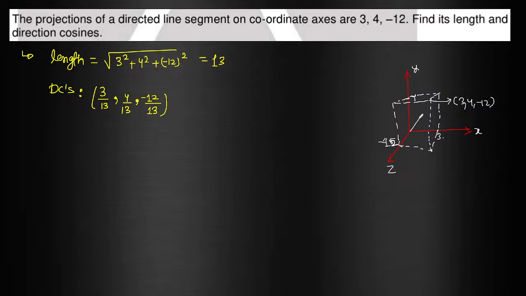So what is the magnitude of this one? The magnitude of OA is root under 3 square plus 4 square plus minus 12 square, which is 13, and the direction cosines are the point divided by its value: 3 by 13, 4 by 13, minus 12 by 13.